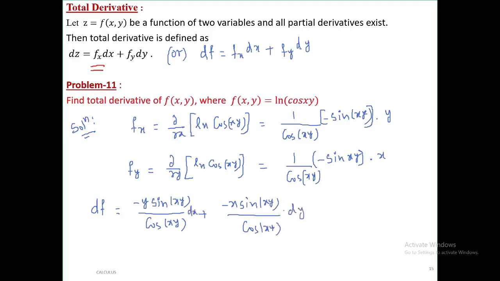That's it. So you write this one. First you have to substitute in this. So this is the total derivative, df is equal to fx into dx plus fy into dy. So in this I am substituting back: df, and fx means this one into dx plus fy means this one into dy.